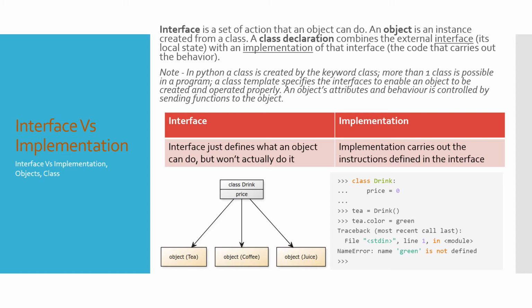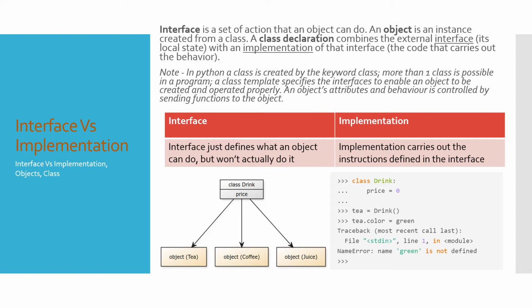There could be another example, I can say class dress, for example, class food. So there are unique classes which help to distinguish between different classes. An object's attribute and behavior is controlled by sending functions to the object as well.